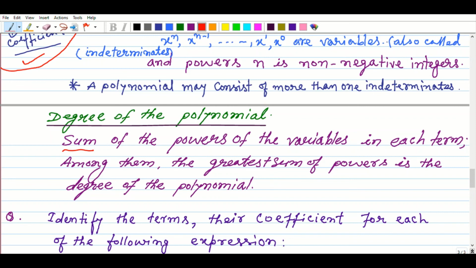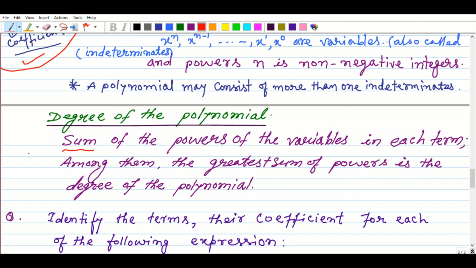Now I have taken two questions. The first question is to identify the terms on the basis of what we have discussed in this session, and their coefficients. Coefficient I have also discussed and introduced for each of the following expressions.